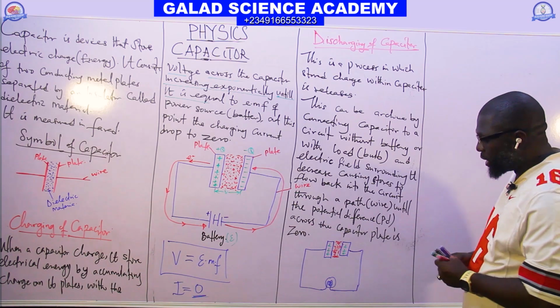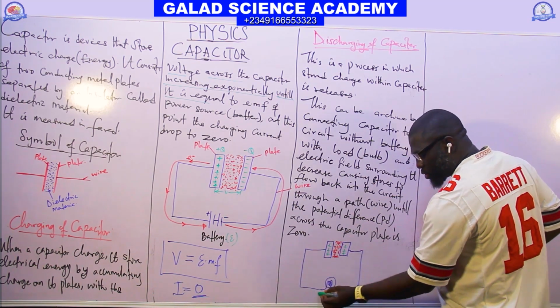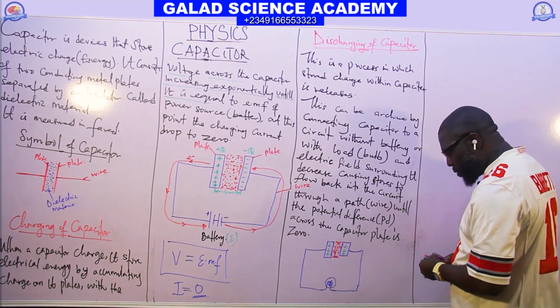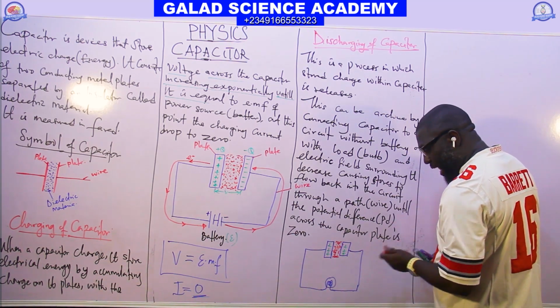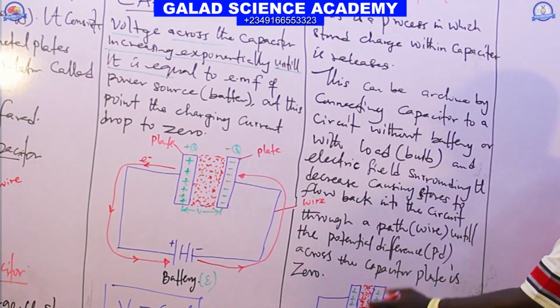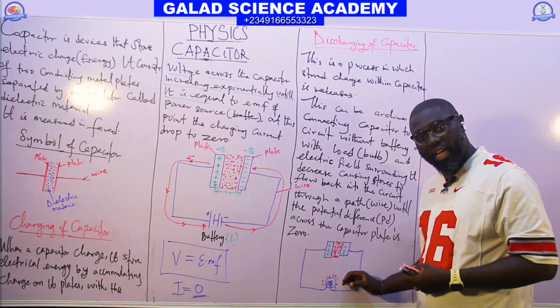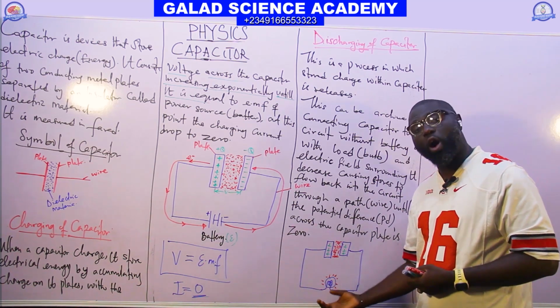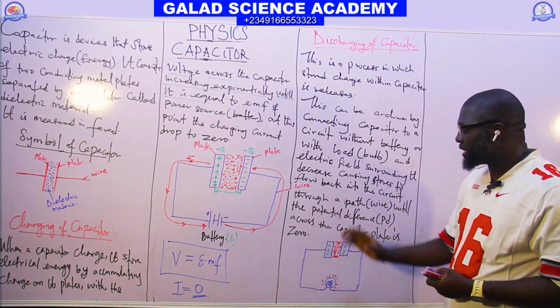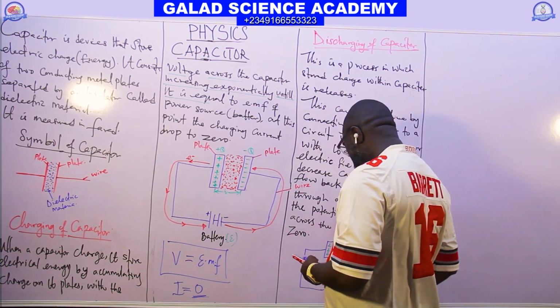So this charge will now come from here to this, and then the bulb will be lighting. When the potential difference becomes zero, at the end of the day, the bulb will go off. So if you want to discharge a capacitor, just remove the battery and put the load on it.